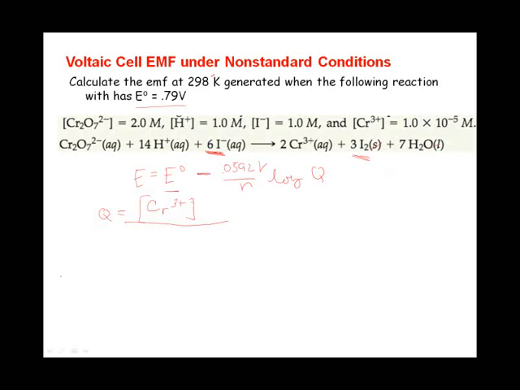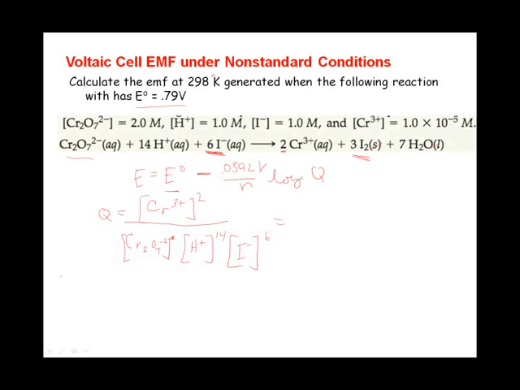So the concentration of Cr3 plus raised to the 2 over Cr2O7 raised to the negative 2, but there's no coefficient, so that's nothing, times the concentration of H plus raised to the 14 times the concentration of I minus raised to the 6th.